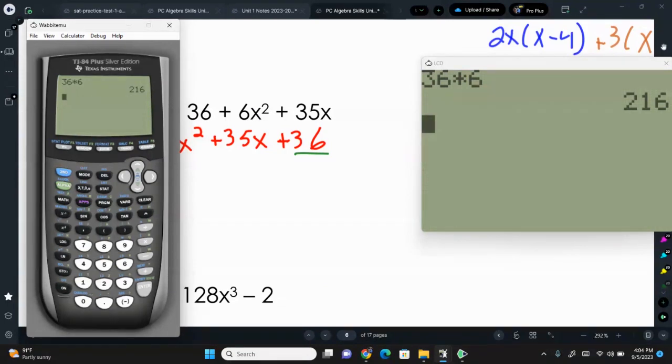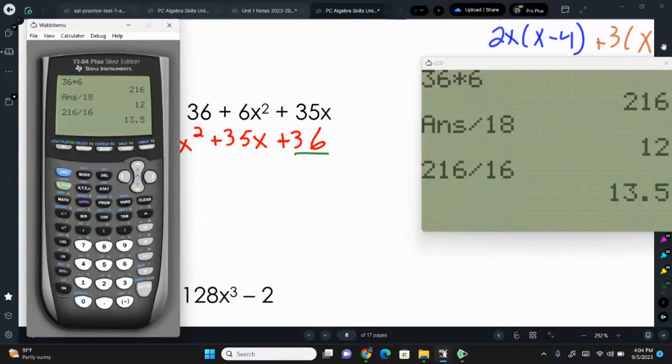So let's see. What if we do 216 divided by 18? We get 12. 18 plus 12 does not equal 35. So let's pick a smaller number. How about 16?